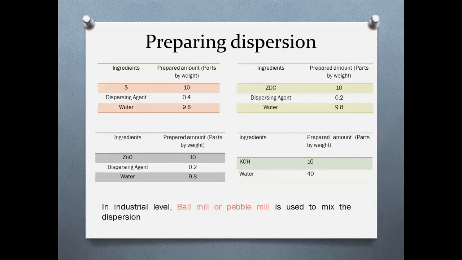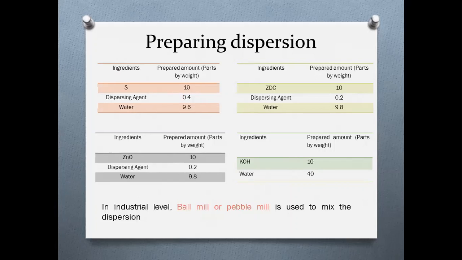Here we are giving you the amount of the materials that should be added to prepare a good dispersion. The first one is sulfur dispersion. For that you have to add 10 parts of sulfur, 0.4 parts of dispersing agent and 9.6 parts of water. Likewise, you have to add these amounts and make dispersions of sulfur, ZDC, ZnO and KOH separately.